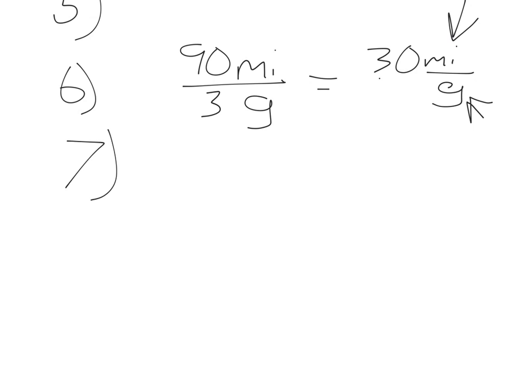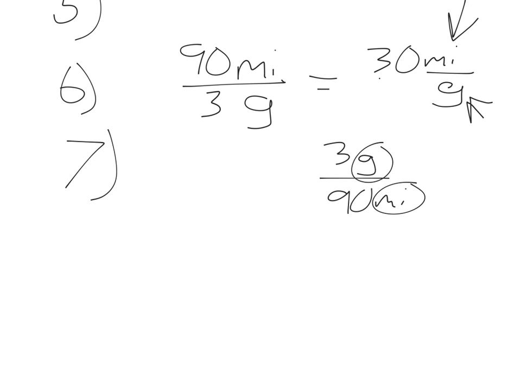I chose to make miles per gallon, the sentence fragment, into miles per gallon, the mathematical ratio. If I had done it the other way around, I would have had 3 gallons per 90 miles, but that's gallons per mile. That doesn't answer the question anyway. 3 gallons per mile is not the ratio they were asking for.